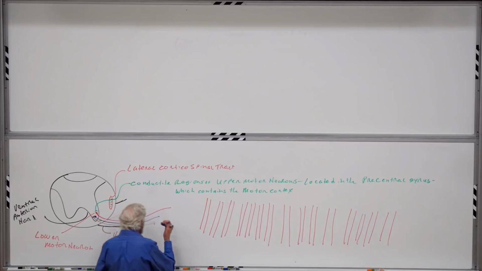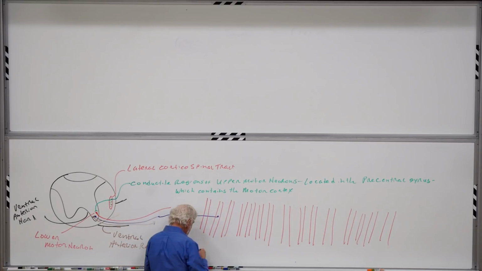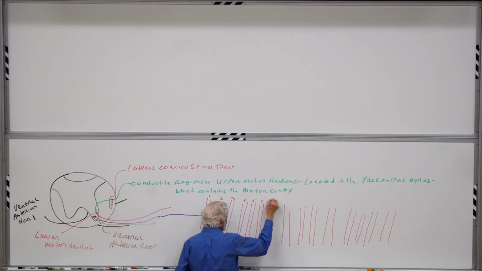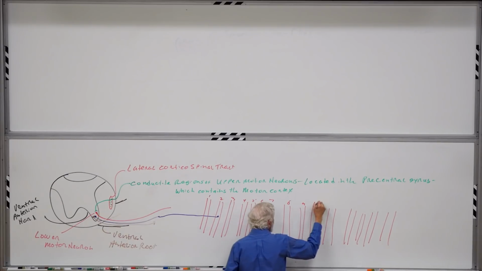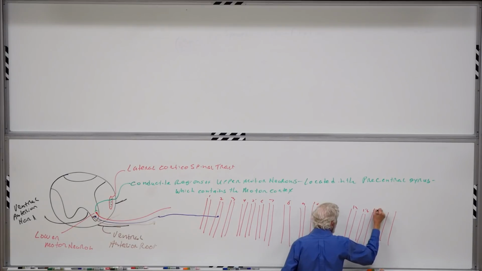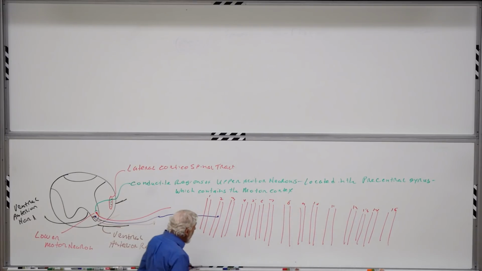So if we follow the path of the purple lower motor neuron, it comes on up, finds its way to the muscle, and it innervates. Let me number these. 1, 2, 3, 4, 5, 6, 7, 8, 9, 10, 11, 12, 13, 14, and 15. Now you remember the definition of a motor unit.